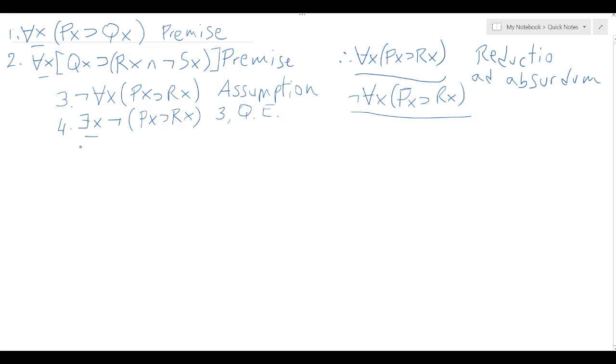So it's always best to use existential instantiation on the existentially quantified statement, because you know that there's that restriction that we have to introduce a new constant if we instantiate. So on line 5, we want to use existential instantiation and get rid of the quantifier and instantiate to a constant. So we can just pick A.